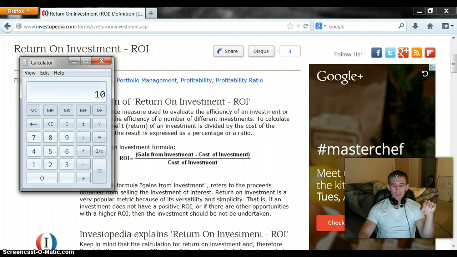Your cost was $5, so you want to subtract $5. That equals $5. Then you want to divide that by $5, which equals 1. Your return on your investment is 100%. You got your money back, basically, the exact amount of money you put in plus the same amount. That's 100%.